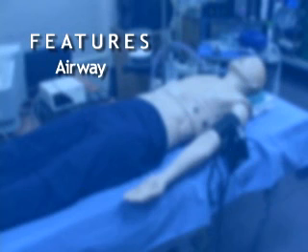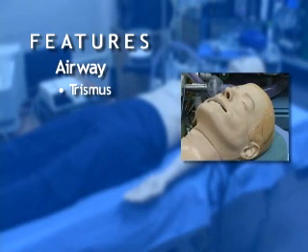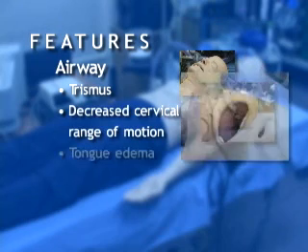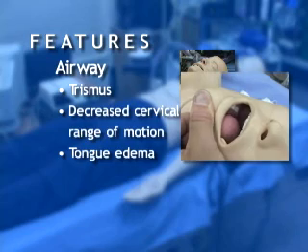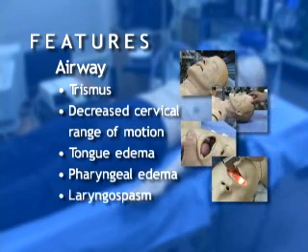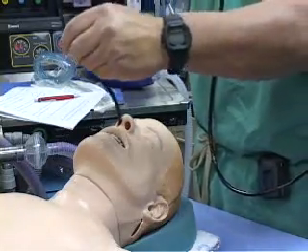His airway is quite sophisticated and includes the ability to emulate trismus, decreased cervical range of motion, tongue edema, pharyngeal edema, and laryngospasm. His tracheobronchial tree is anatomically accurate to allow for endobronchial and realistic fiber optic intubation and cricothyrotomy.